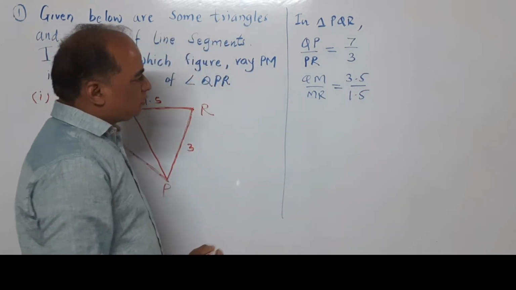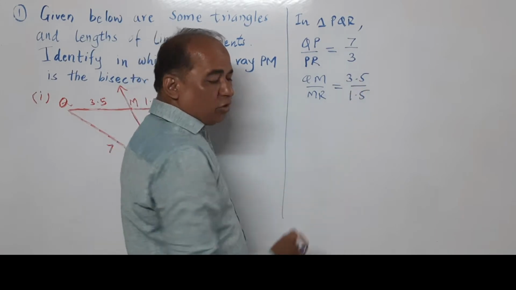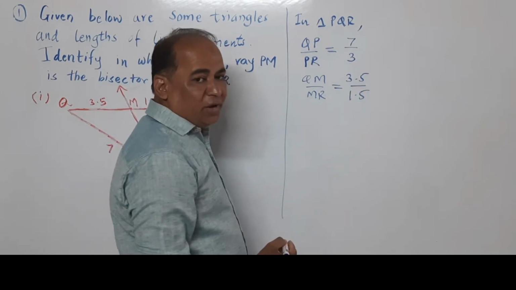Now if you observe the ratio, here 7 upon 3 and 3.5 upon 1.5.